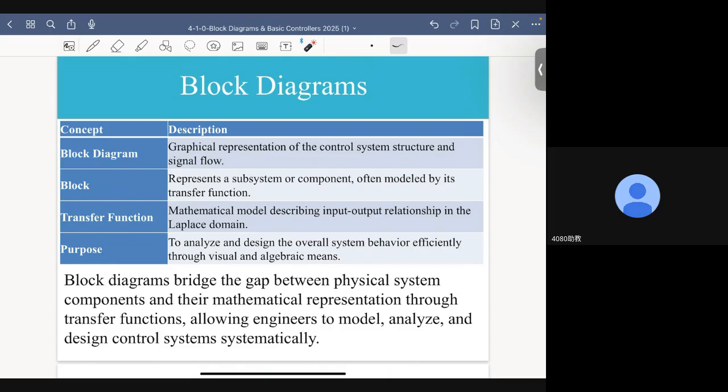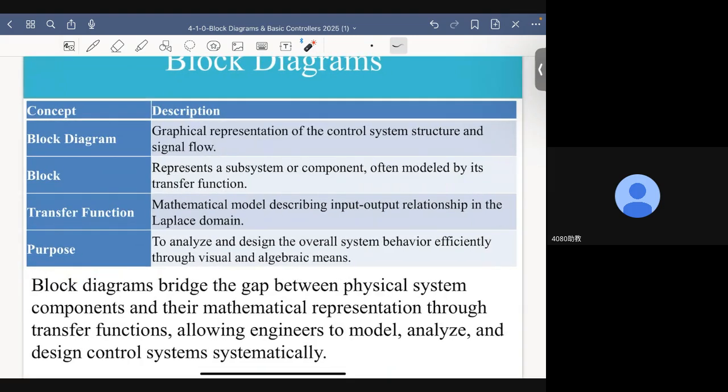We do everything about block diagrams in the s domain after the Laplace transform. And why do we want to do that? By using block diagrams, we can analyze and design the overall system behavior efficiently through visual and algebraic means, because with the Laplace transform, we convert differential equations into algebraic equations.